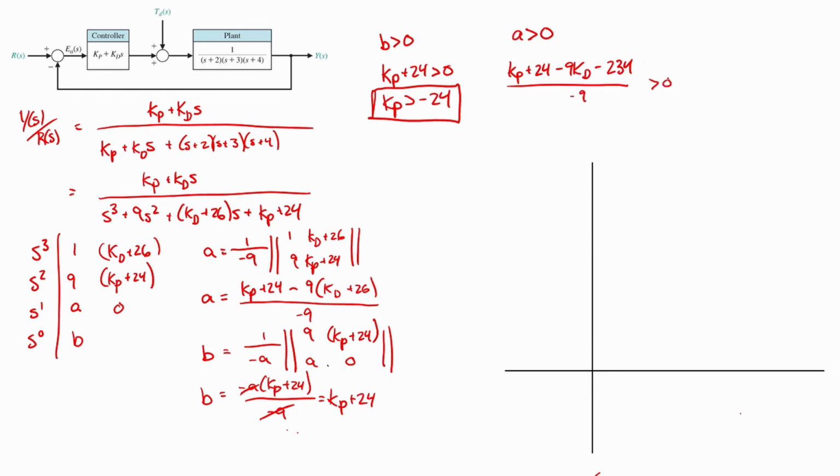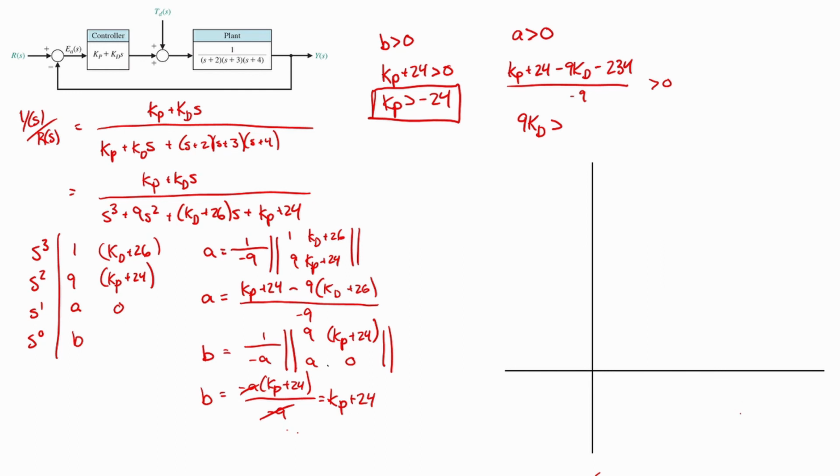So what we're going to do is bring the 9 to the right hand side, and multiply the negative 1 in at the top, and then bring Kd to the one side. So we have 9 Kd is going to be greater than, we're going to shift everything to the other side, and 234 minus 24 is 210.